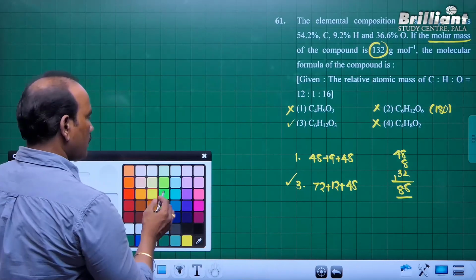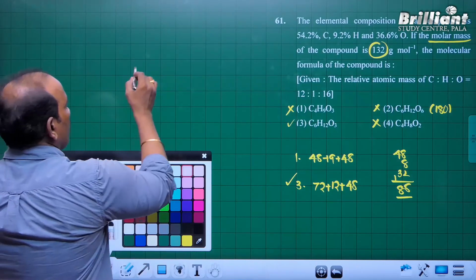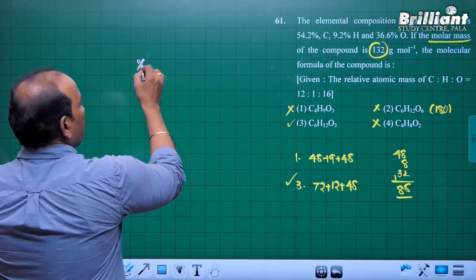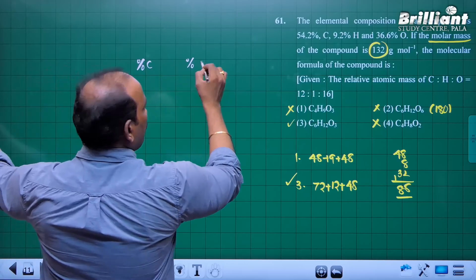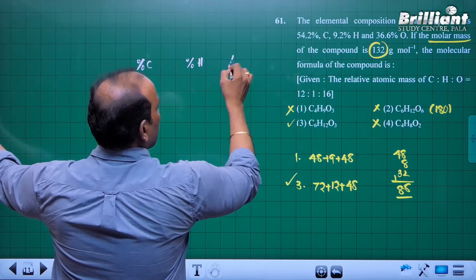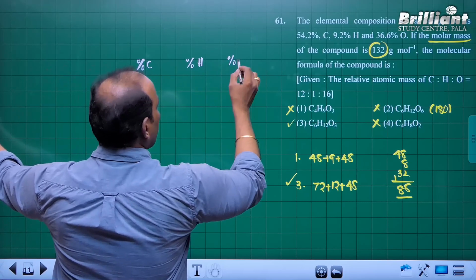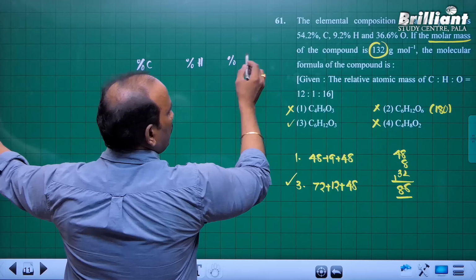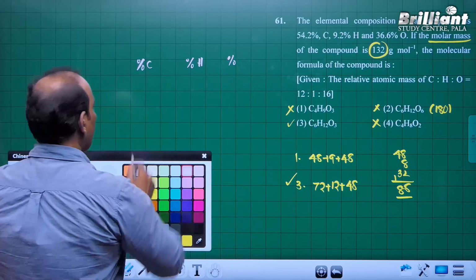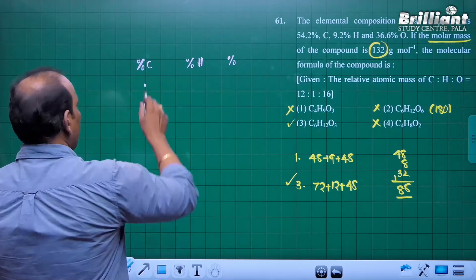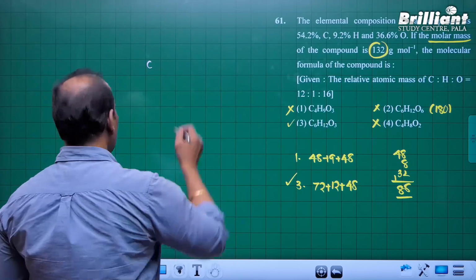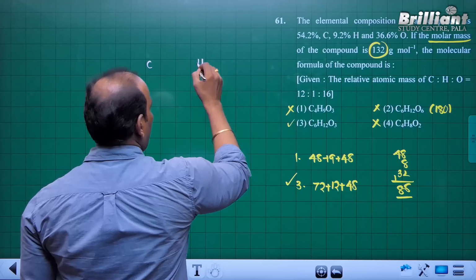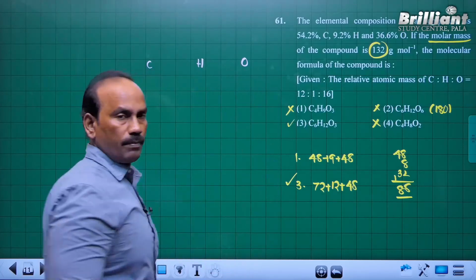Systematic order. What is the systematic order? Percentage of carbon, percentage of hydrogen, percentage of oxygen. Then carbon, hydrogen and oxygen.